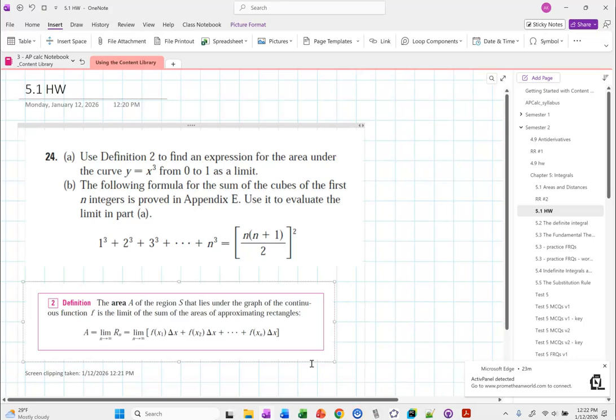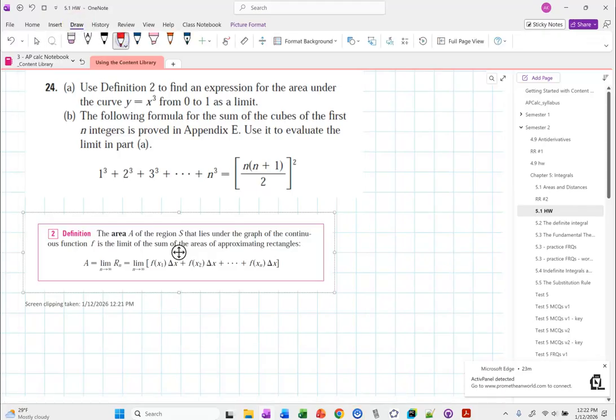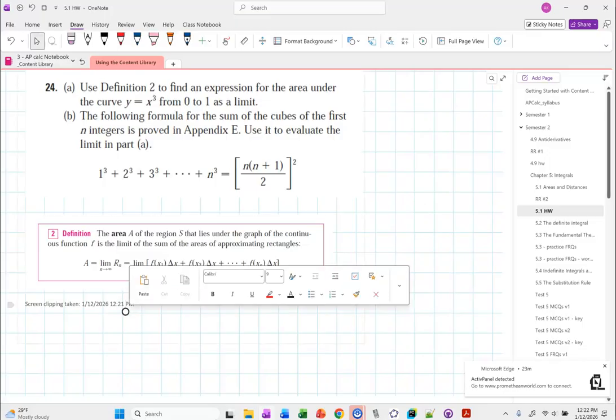Okay. It says use definition 2 to find an expression for the area under the curve y equals x cubed from 0 to 1 as a limit.